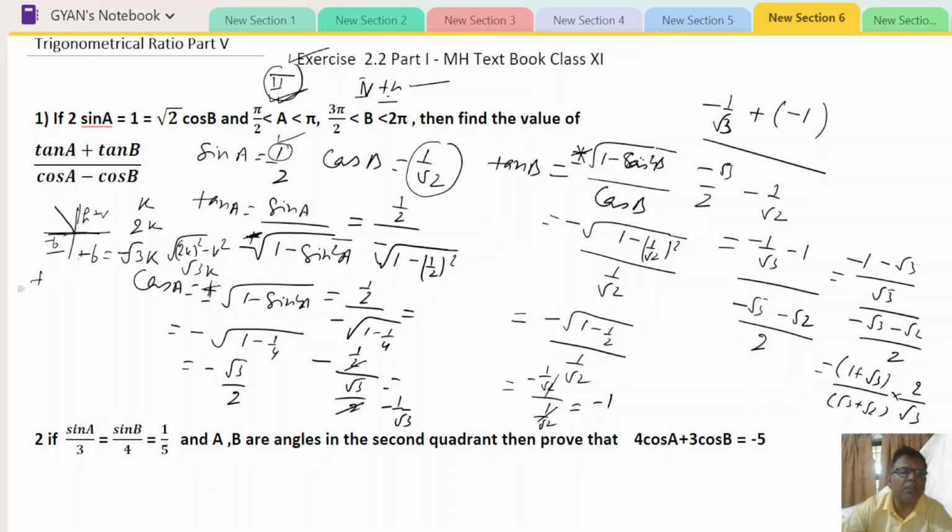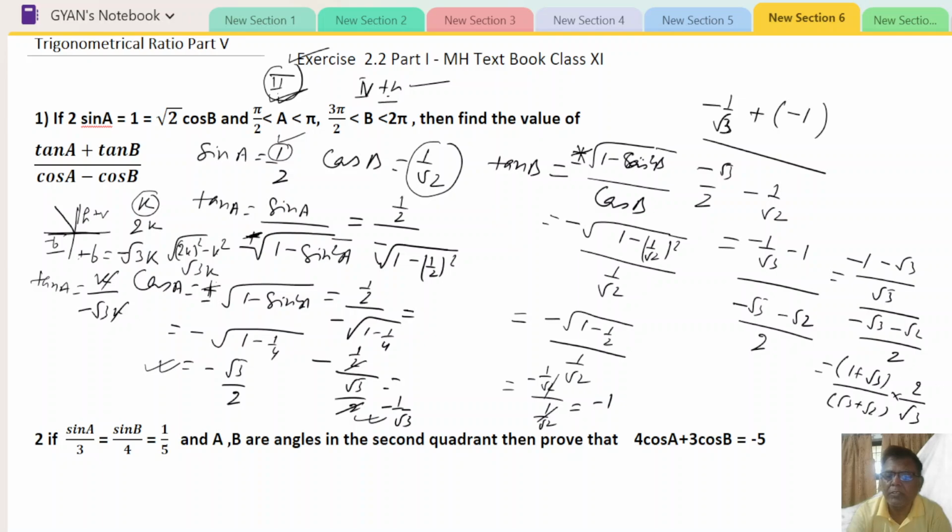Now you can find tan A. Tan A is equal to height divided by base, K divided by minus root 3K, so minus 1 by root 3. The same we have got. Similarly, we'll get cos A also, so we can solve by this method too.